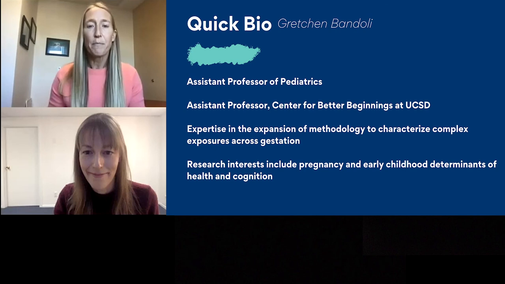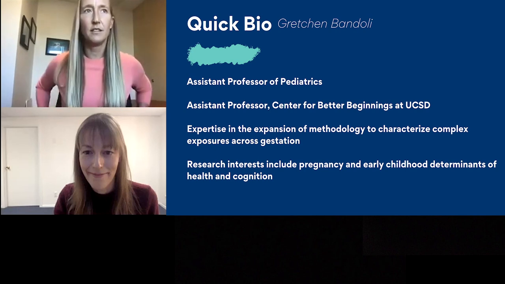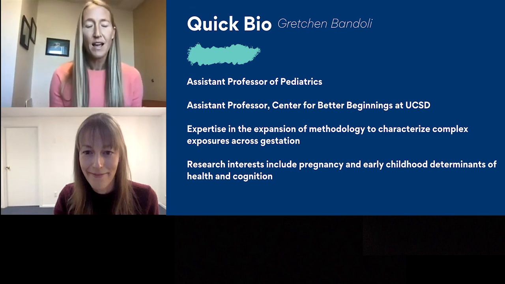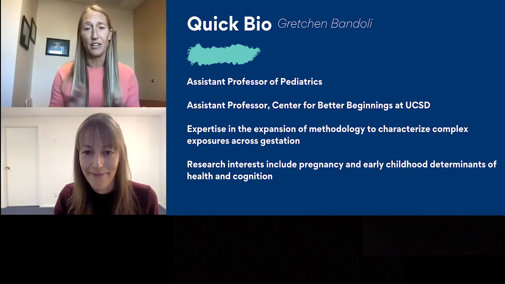Yes, so having it split out as a trajectory instead of just looking at exposure in the first, second, and third trimester. I personally think it was, again, the fact that, especially with things like neurodevelopmental outcomes, we don't know if there's one trimester that's more or less important than the other trimesters.